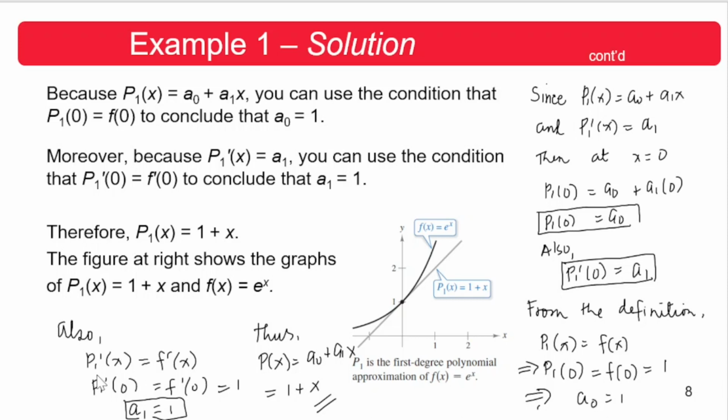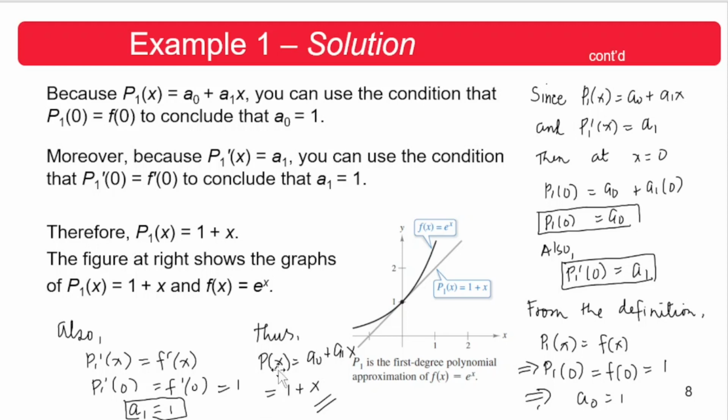Also, the first derivative of the function is f prime of x, and at x equals 0 the value of the first derivative of the polynomial function is equal to the value of the first derivative of the function at 0, and we know that this is equal to 1. But since the value of the first derivative at x equals 0 is equal to a sub 1, we can conclude that a sub 1 equals 1.